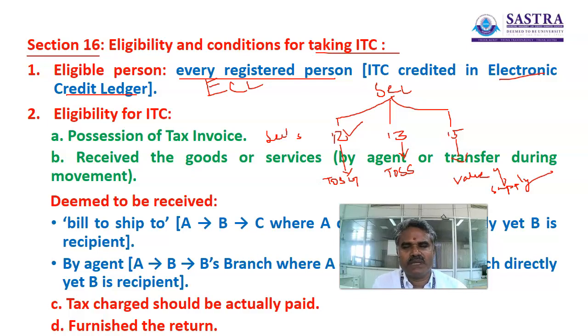Because once you complete the registration process, three registers are automatically opened in your account: the electronic cash ledger, the electronic credit ledger, and the electronic liability register.